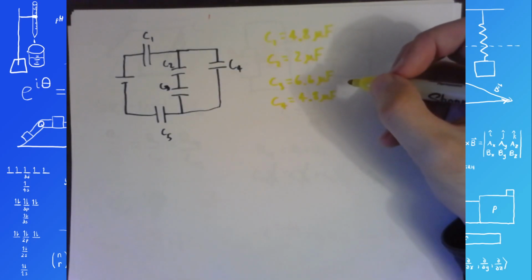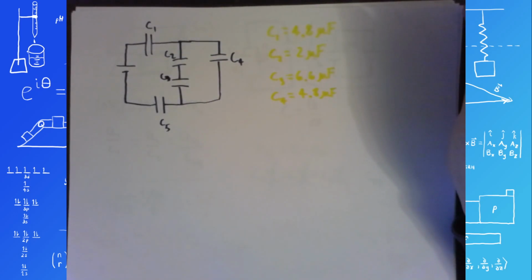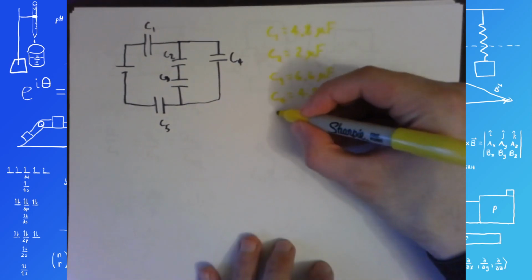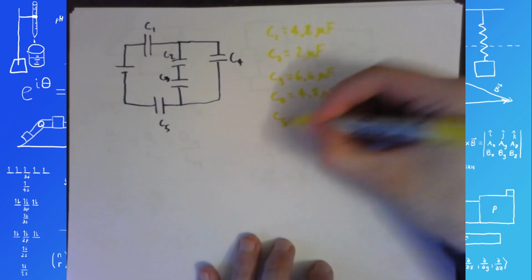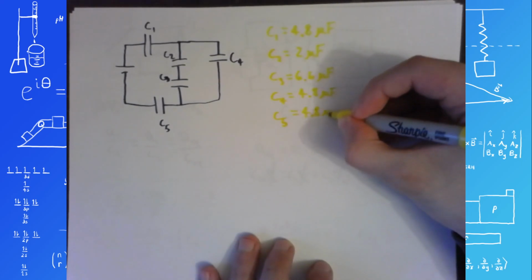And C5 is also 4.8. Okay, we've got 3 of them at 4.8 microfarads.